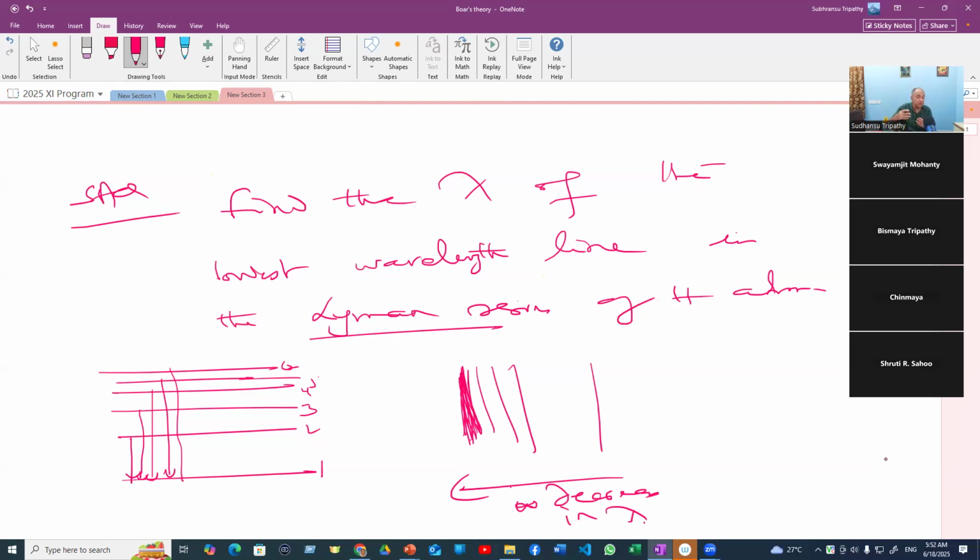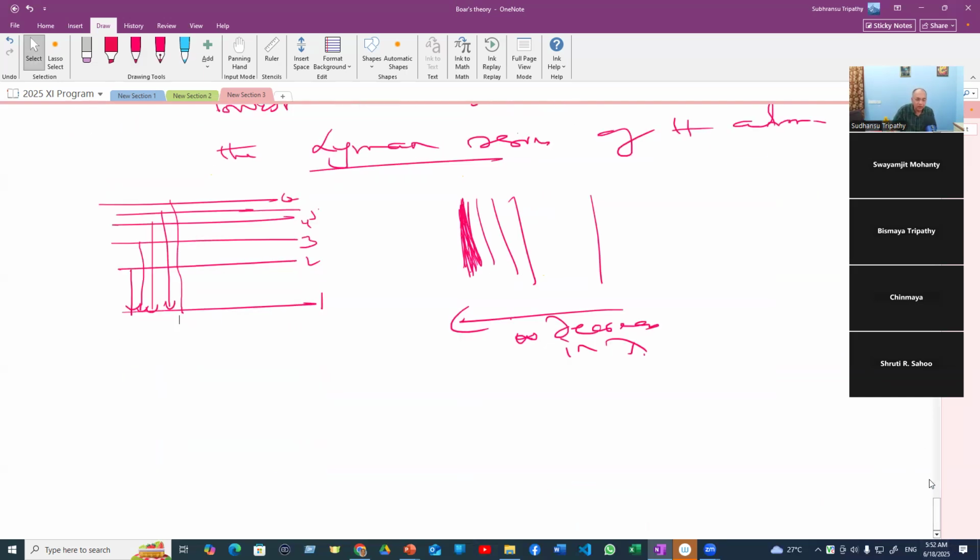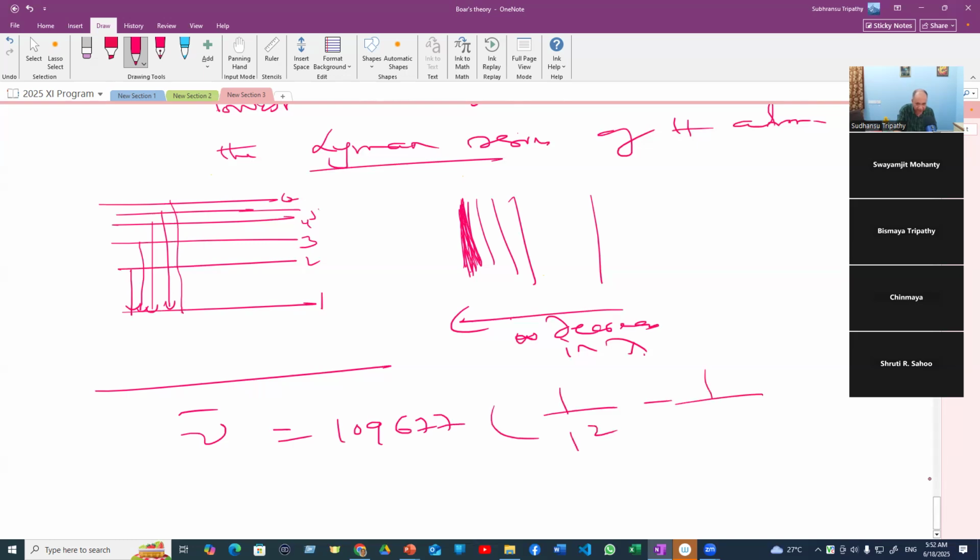The transition energy is the difference between the higher shell and the fixed shell, which is the first shell for the Lyman series. So nu bar is equal to R, supposing it is about the hydrogen spectrum, so only R will be there. Z square will be 1, into 1 by 1 square minus 1 by infinity square.